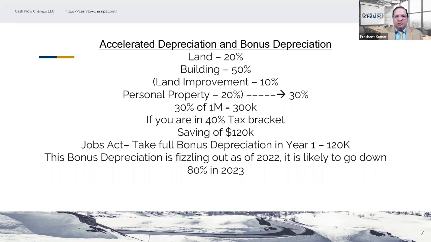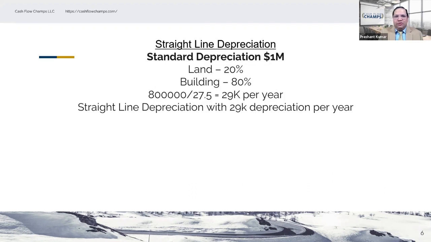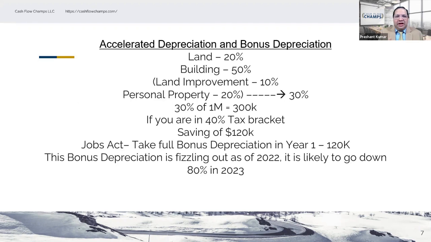So, as I said, in straight line depreciation you could depreciate only $29,000 per year, but in accelerated depreciation you would depreciate 30% upfront, and the remaining 50%, the building value, over a certain duration, right?